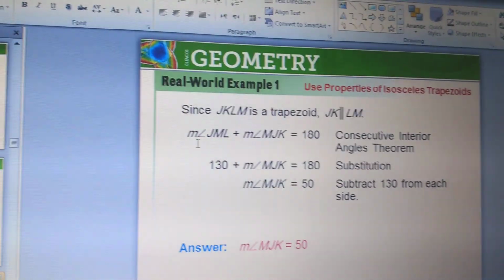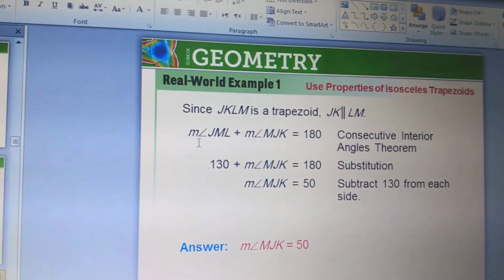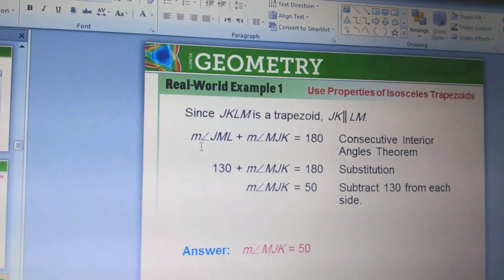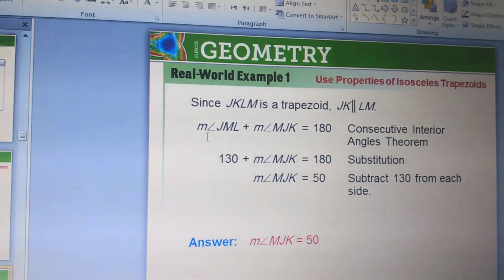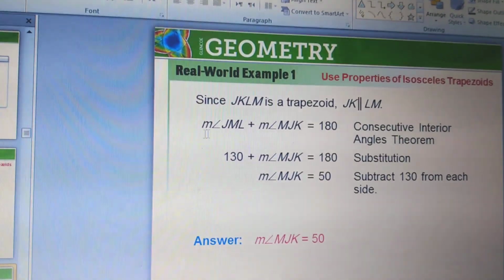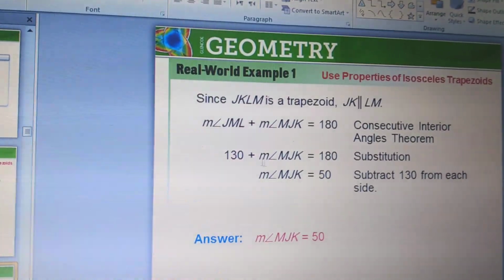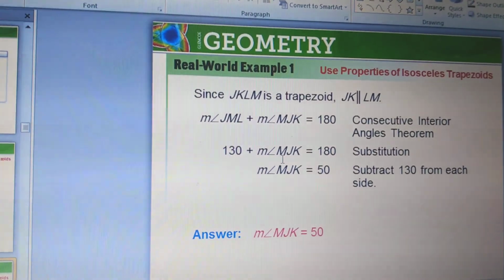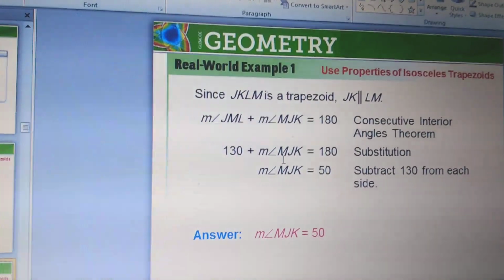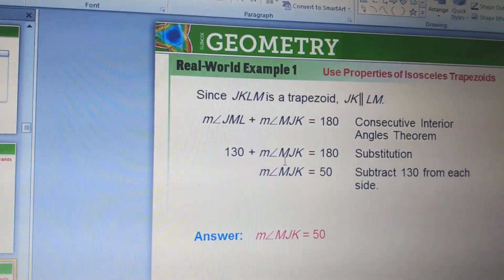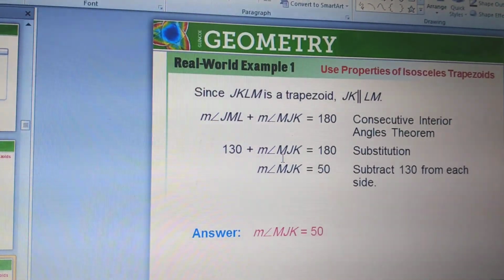Measurement of angle JML plus measurement of angle MJK equals 180 degrees. Consecutive interior angle theorem. This means 130 plus measurement of angle MJK equals 180 minus 130. This means angle MJK is 50 degrees.